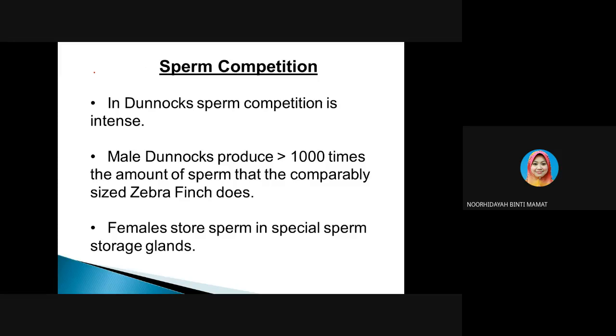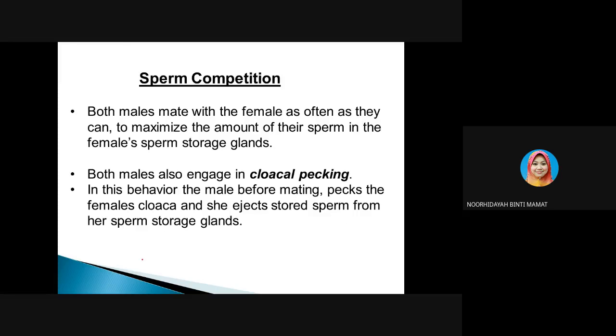The female will store the sperm in special sperm storage glands. Both males mate with the female as often as they can to maximize the number of their sperm in the female's sperm storage gland.